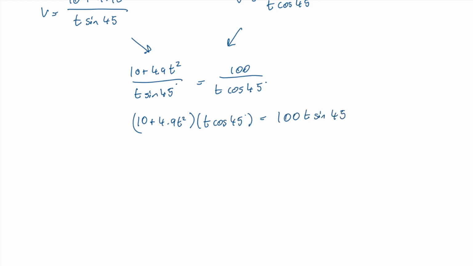Now expanding the left hand side, 10t cos 45 plus 4.9t cubed cos 45 equals 100 t sine 45. Subtracting 100 t sine 45 across and putting the cube term at the front.